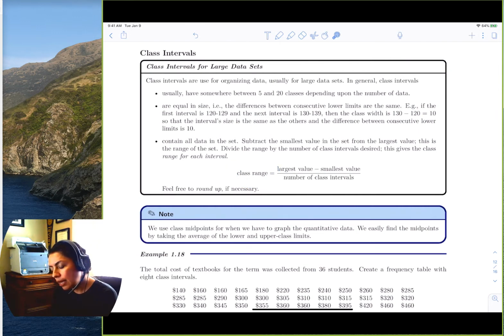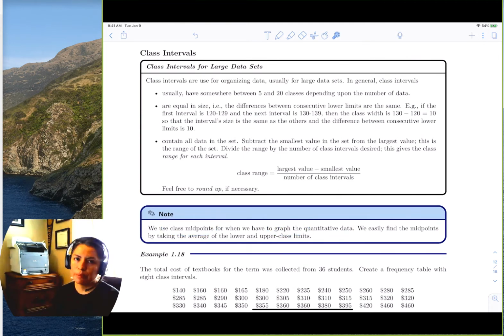This is really important. When we do these class intervals, they're going to look like this, with 130 to 139, 120 to 129. We want to use the midpoints of the classes to graph.